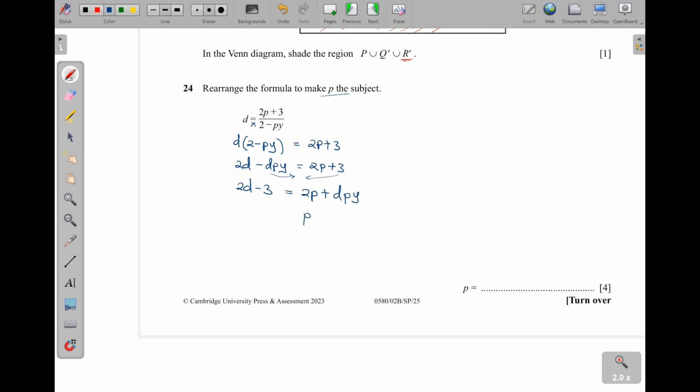Then factorize out the P, we get 2 plus DY here, and this side we have 2D minus 3. Then we divide through by 2 plus DY. So our answer is going to be 2D minus 3, divided by 2 plus DY.